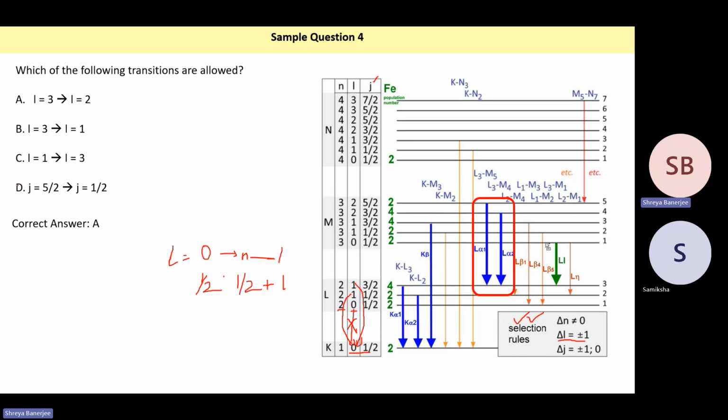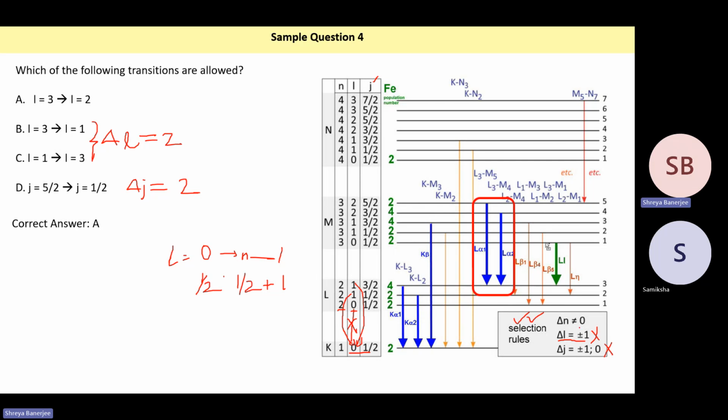If you look at option D, delta J here is 2: 5 by 2 minus half is 2. That is violating the selection rule. If you look at C, delta L for both of these is 2: 3 minus 1 is 2, or 1 minus 3 is minus 2. Either way, it is violating the selection rule. So what should be the value of delta L?